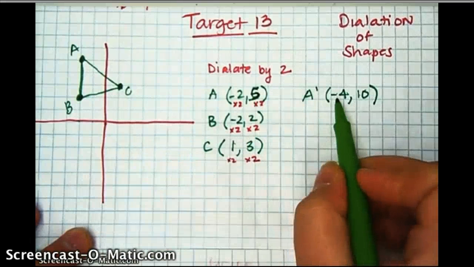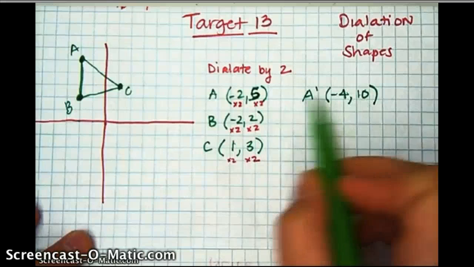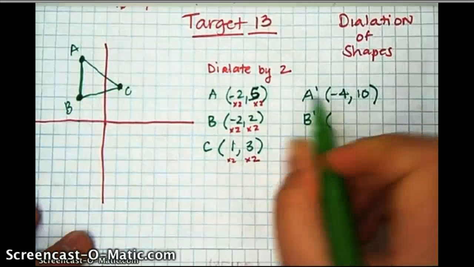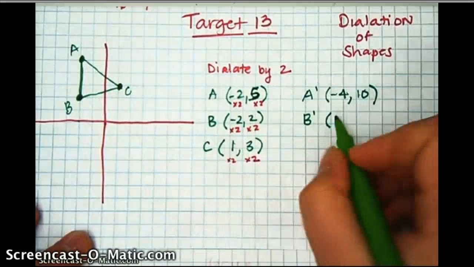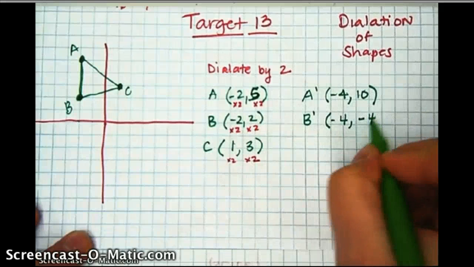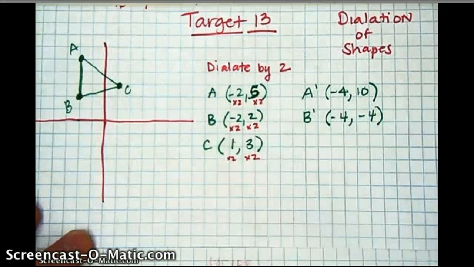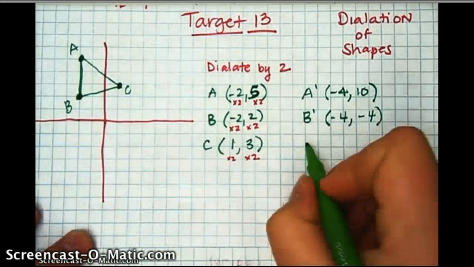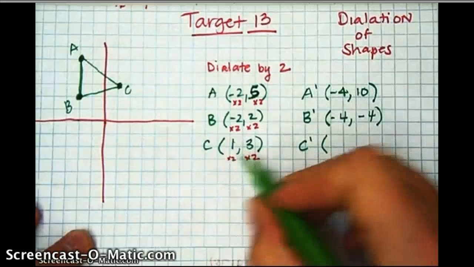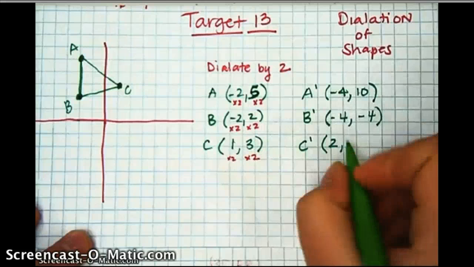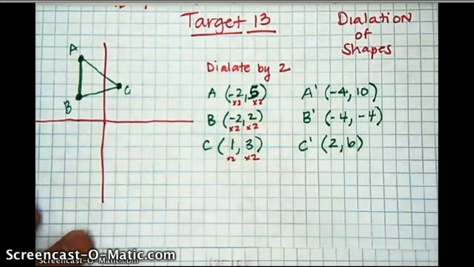So our new X is -4 and our new Y is 10 for point A. Point B, the new B, B prime: -2 times 2 is -4, and -2 times 2 in the Y is also -4. So our new B is going to be at -4, -4. Our new C, if we multiply by 2, we get 2 for x, and 6 for y. So our new C is going to be at 2, 6.